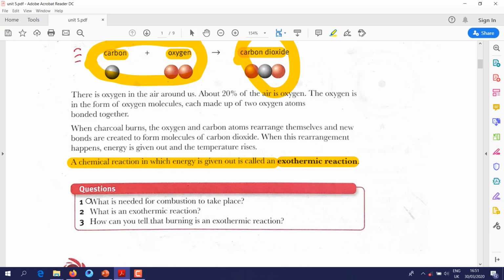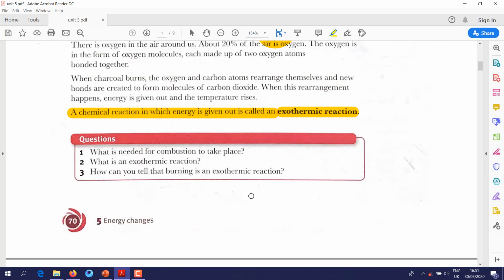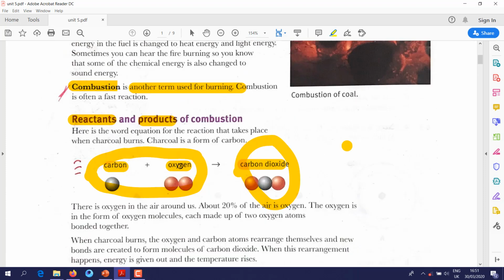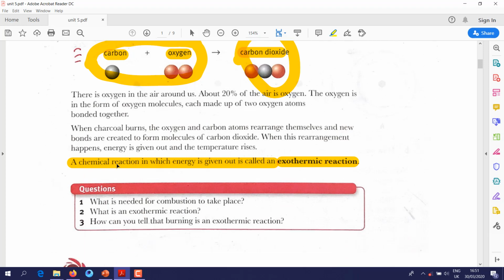Question number 1: what is needed for combustion to take place? Combustion needs oxygen. Question number 2: what is an exothermic reaction? Again, an exothermic reaction is a chemical reaction in which energy is given out. The word exo means out.